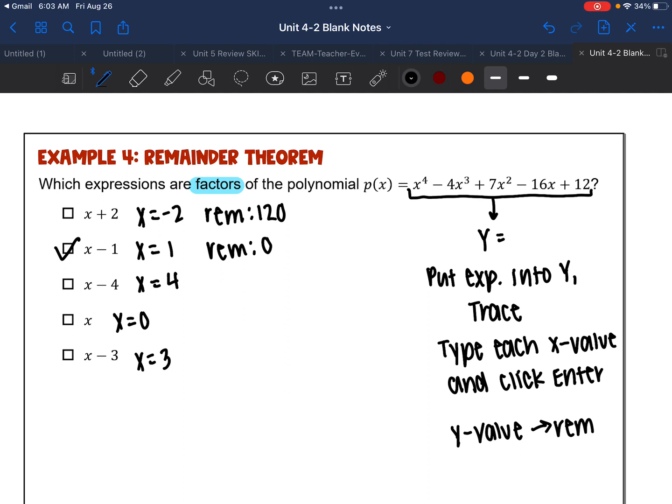If you type 4, enter, you should get 60, which again means it's not a factor. If you type 0, enter, you should get 12. So we're not going to check that one. And then lastly, if you type 3, enter, you should get a y value of 0. So since our remainder would be 0, x minus 3 is also a factor.